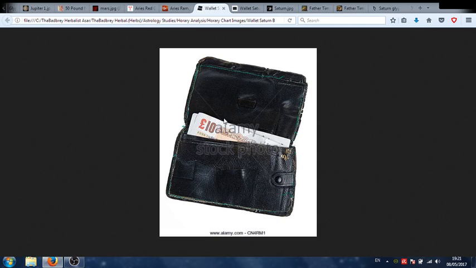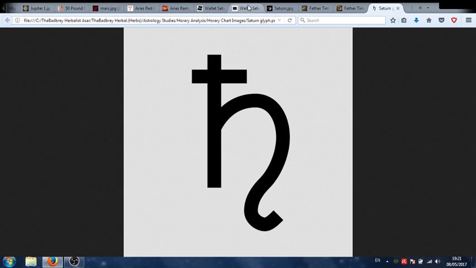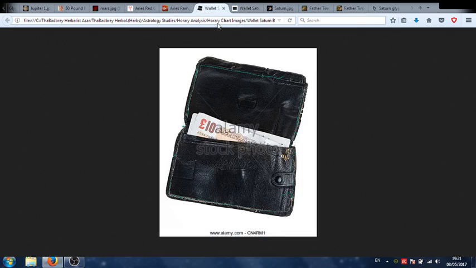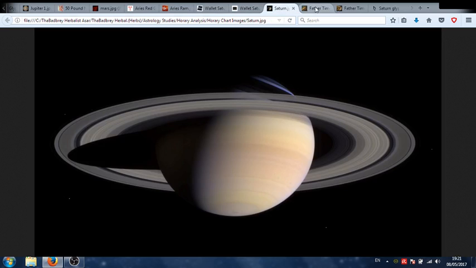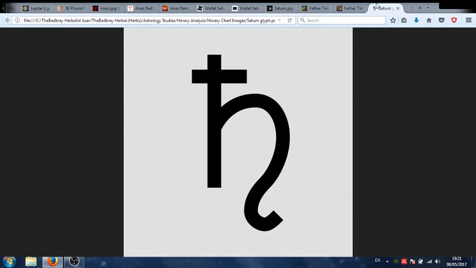And all of these planets in the myth are the offspring of Saturn. And Saturn eats his children. That's why you put the money in the wallet. All right. And what do people say? They say time is money. And who is Saturn? Saturn is Father Time, astrologically speaking. All right. So there you go. It all comes down to Saturn again.